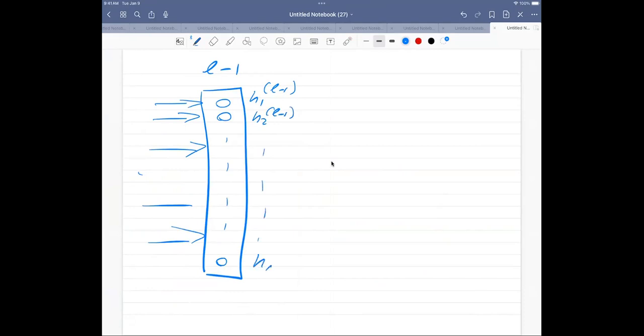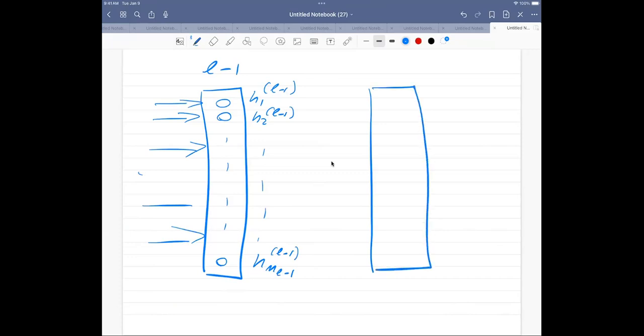So this goes down to n of L-1 of layer L-1. And then we have the next layer here. And then we single out that specific node J. So that receives an input from all these other guys.